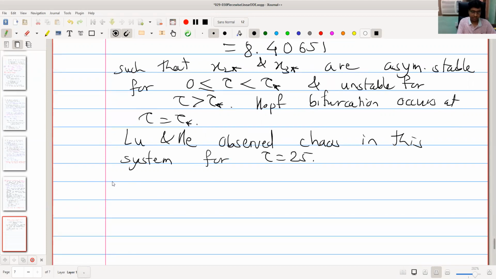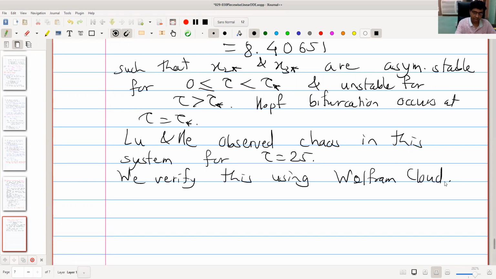Now we verify this using a Wolfram plot. I'm sharing the cloud file.